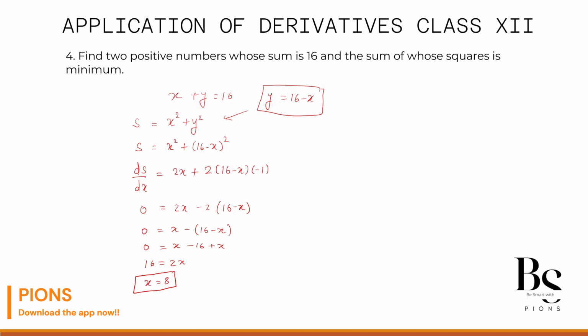So let's check the double derivative test. d square s by dx square will be equal to derivative of this 2x, that is 2, plus derivative of this second term, that will be 2 into derivative of 16 minus x is minus 1, and minus 1 was already there. So this will give you 2 plus 2, that is 4. You are getting a positive result. It doesn't matter if you don't have any x in this second derivative. Even if it is positive, this result is minima. So x equal to 8 is minima.